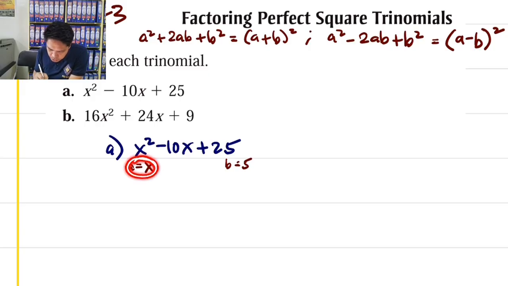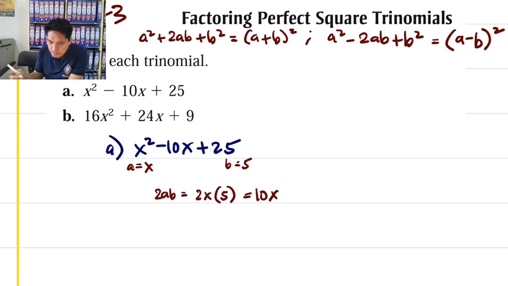So if we square a, that would be x squared. If we square b, that would be 25. Then if we look at 2ab, would that be 10x? So let's take a look. 2ab, that would be 2 times a times b, and that is precisely 10x. So therefore, this is a perfect square trinomial. That is one way of looking at that.